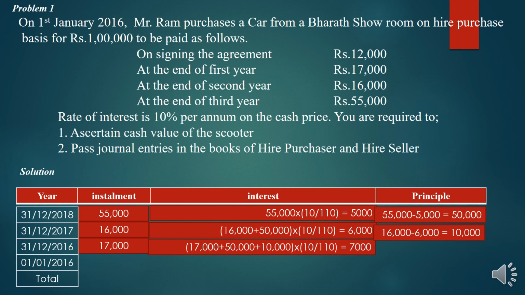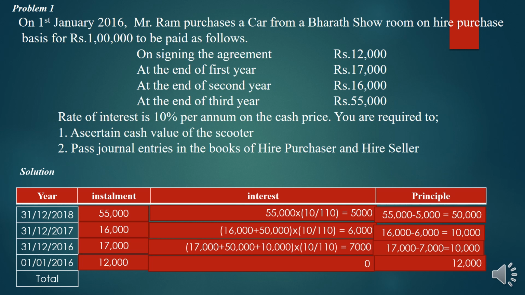When you deduct this 7,000 from the installment amount of 17,000, you get the principal amount of this year, rupees 10,000. Then we have the down payment of 12,000. It doesn't carry any interest, so zero interest, and therefore the principal amount there is 12,000.